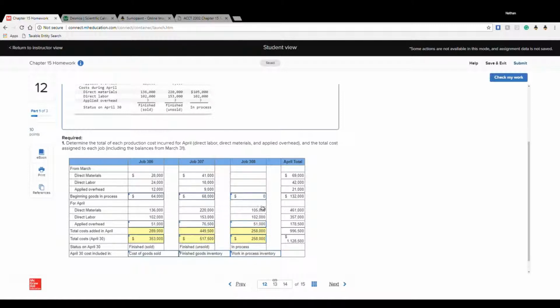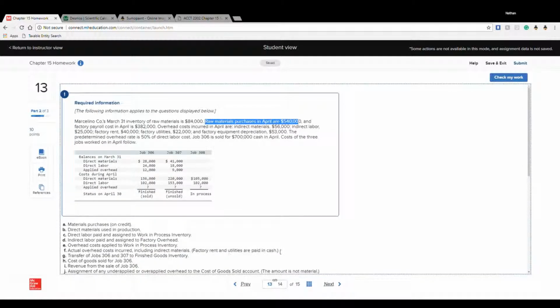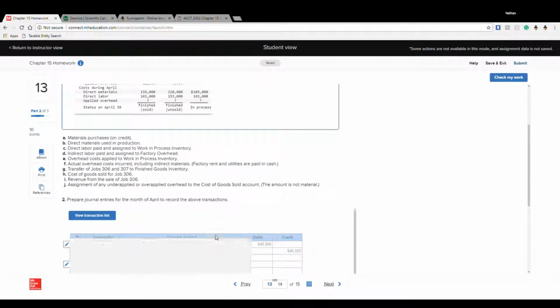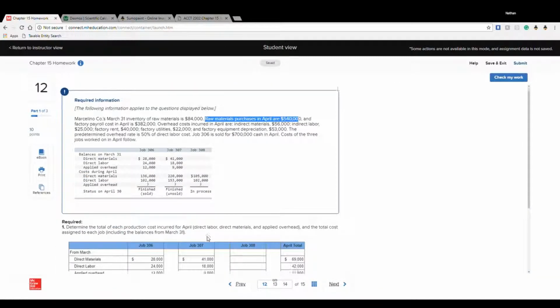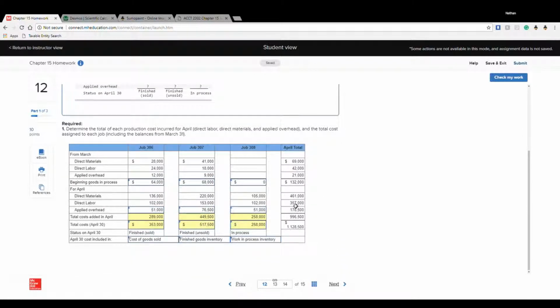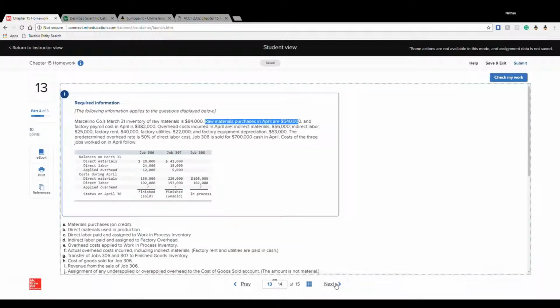Look at direct materials, and our number is 461,000. So going back here, hit X. So question 2, 461,000. And the reason why Connect already basically added it all up for us in this one, April totals, so we already know it's 461,000.